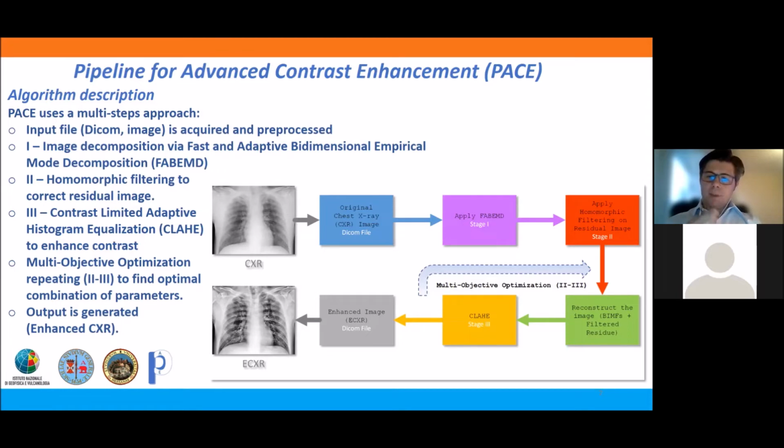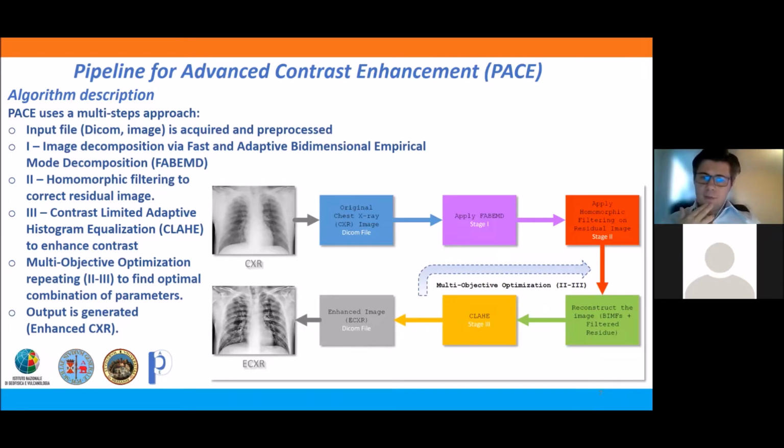And at the end of this process, the original image is decomposed into a finite number of other components, plus a residual image. This residual image is very useful because it provides information about the bright areas of the background of the chest X-ray image itself.